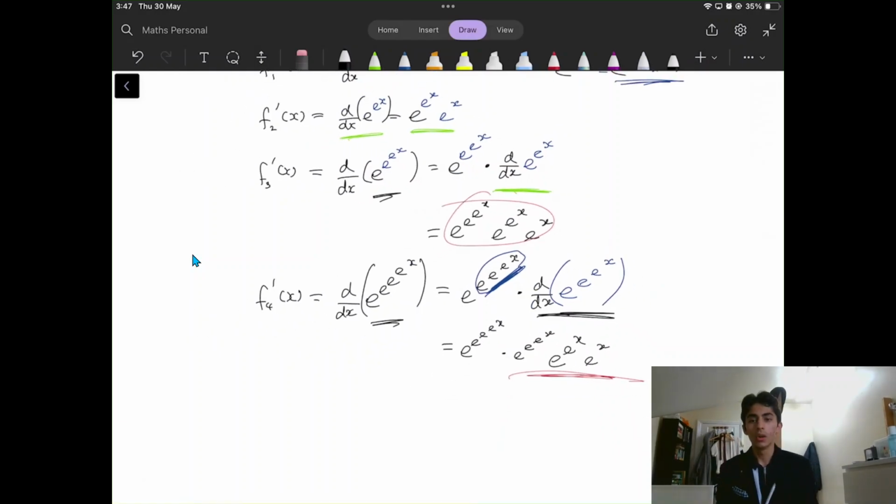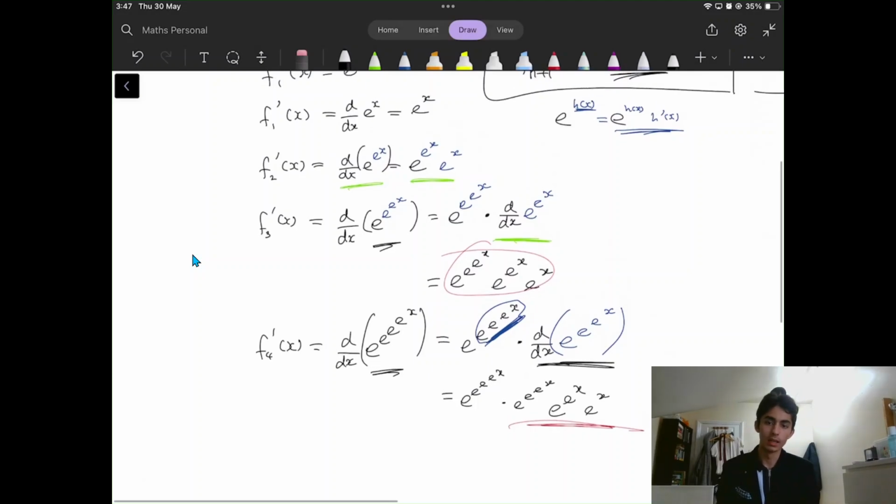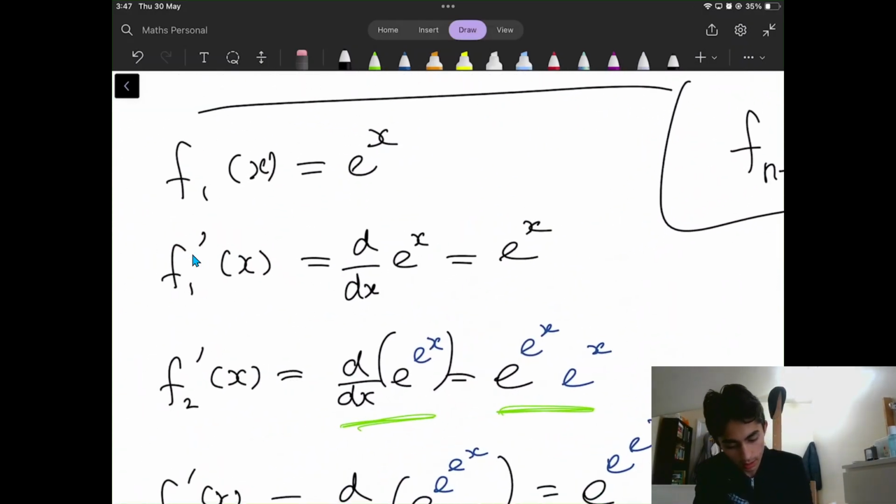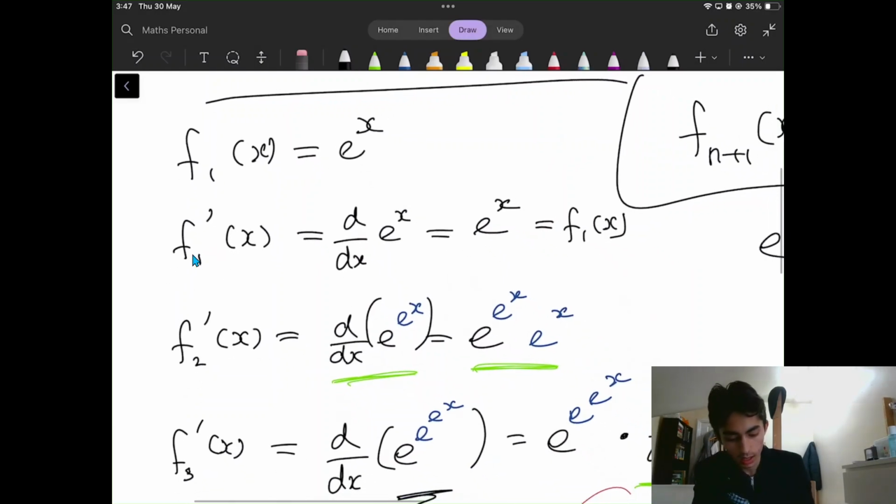And now let us go all the way back and express all of the gradient functions in terms of f_n(x), right? So in this case, the derivative of f1(x) is just e to the x, which is also f1(x), right? The derivative of f2(x) is equal to, well, that's f2(x), and this is f1(x), okay?